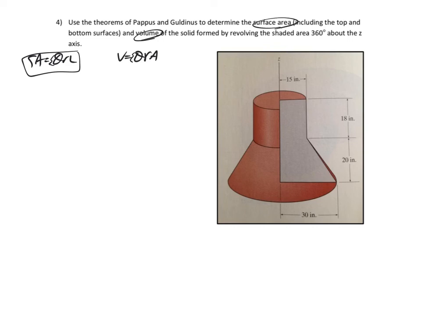So what creates the surface area? Here's my rotating z-axis. I would say that this top line, then this line right here, then this line right here, then this line right here. Those four lines, when I rotate them 360 degrees, or 2 pi radians, remember theta needs to be in radians, that's what creates the surface area and nothing else.